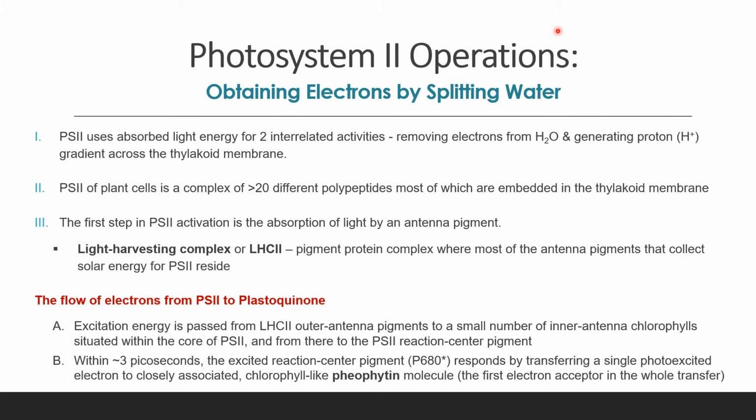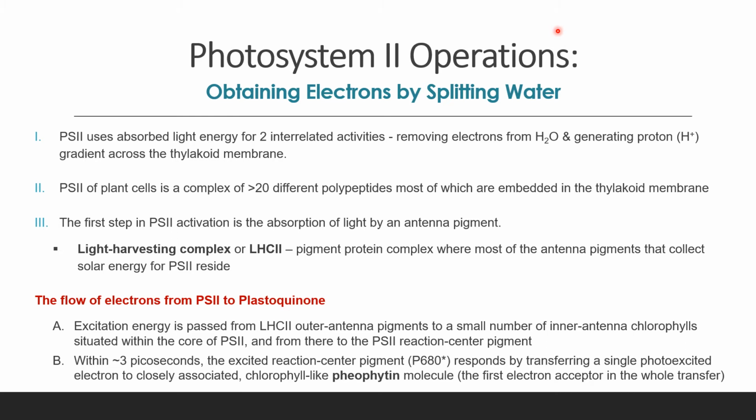For the flow of electrons from photosystem 2 to plastoquinone, the first thing you need to understand is that excitation energy is passed from LHCII outer antenna pigments to a small number of inner antenna chlorophylls situated in the core of photosystem 2.